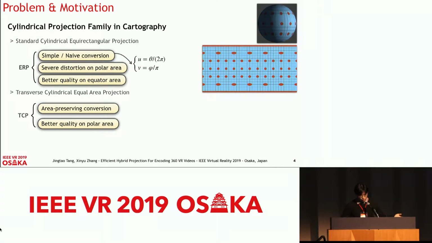So we came up with the idea of using a transverse cylindrical equal area projection, which is TCP at the bottom, to store the polar area of the sphere surface, and maybe we can solve this distortion problem.